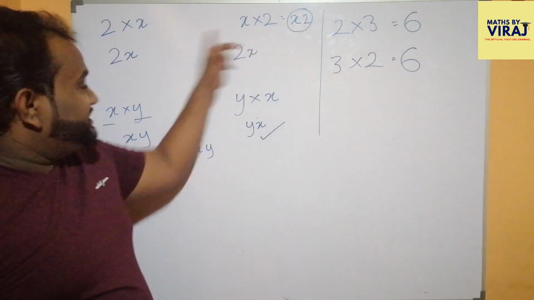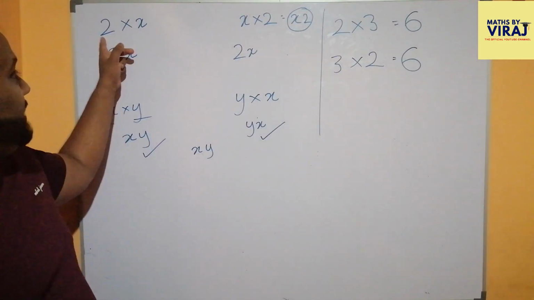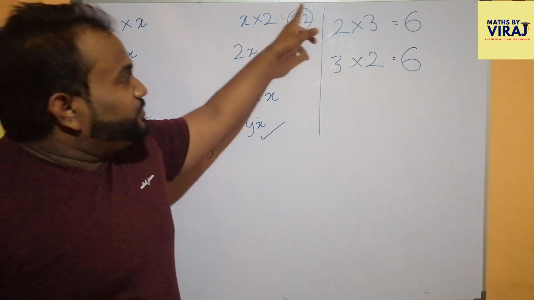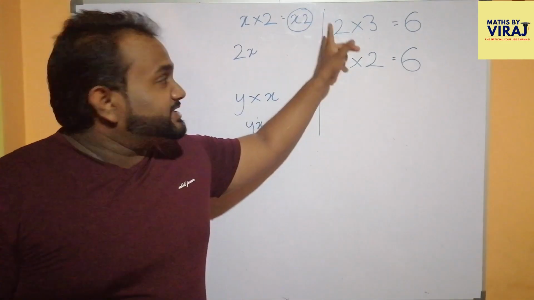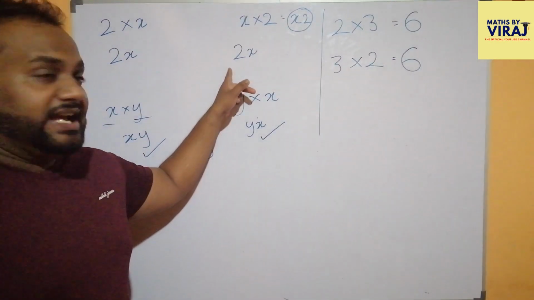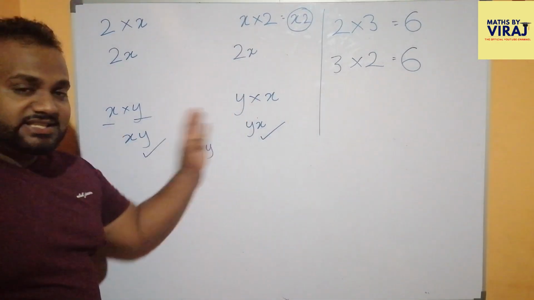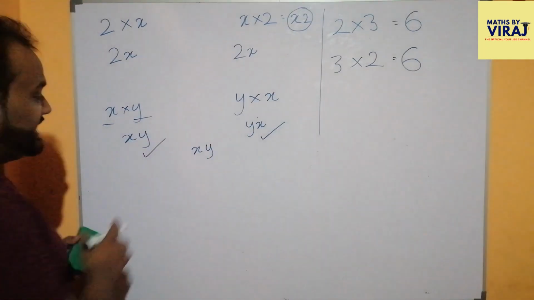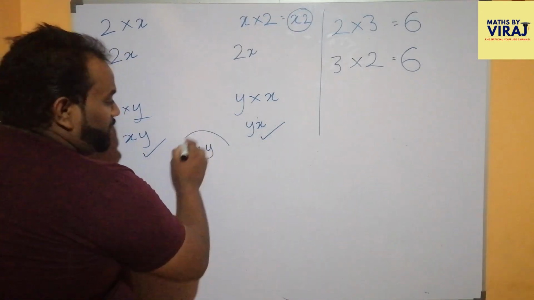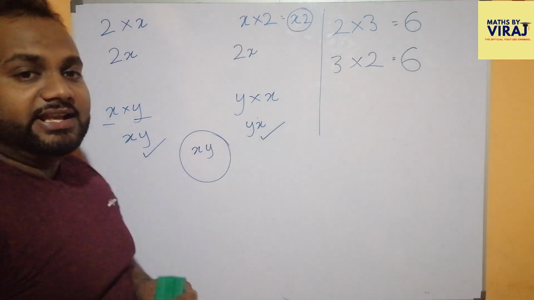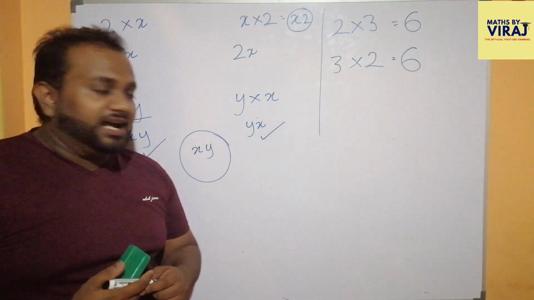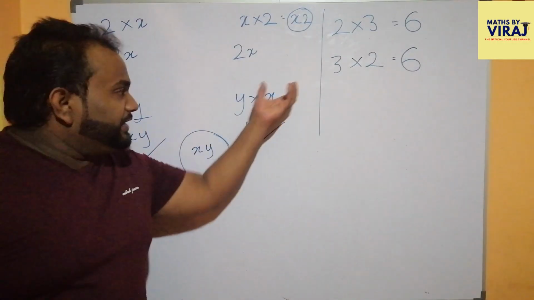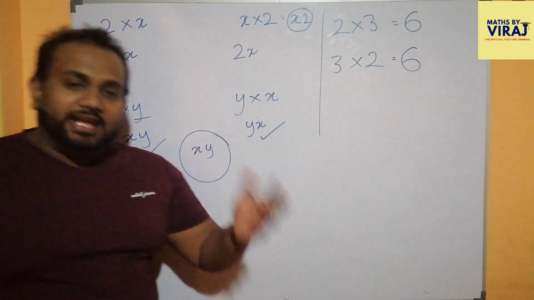But if you were to multiply 2 by x, or x by 2, we usually don't write it as x2, but we write it as 2x. When you multiply variables, yes, it is accepted, but the most common methodology of writing such multiplications is in the alphabetical order. x into y or y into x is written in the form xy.